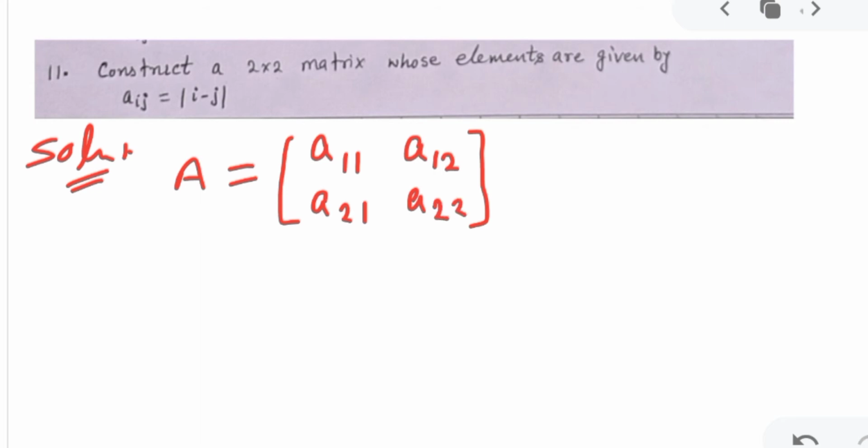This is our 2 cross 2 matrix in general. Now here we have to find the values of A11, A12, A21, A22. How will I find them? Using this relation.